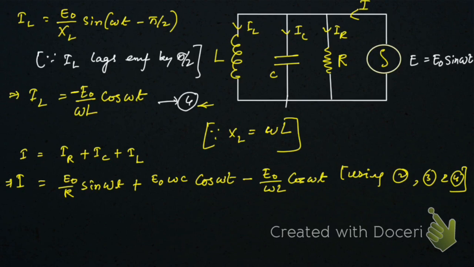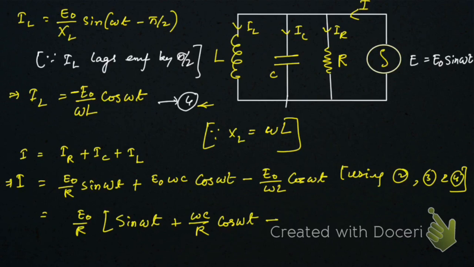So here what we can do, we can take E by R common. If you take E by R common, then what you will get is sine omega t, plus omega c by R cos omega t, then minus 1 by... sorry, I made a mistake here.